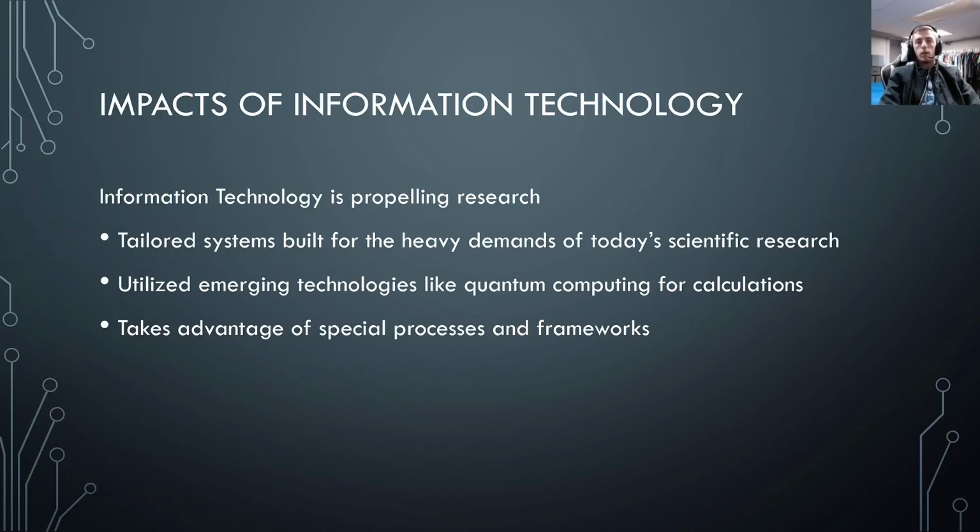The scientific community requires enormous compute power to perform their research. We are starting to utilize emerging technologies like quantum computing to perform calculations. Quantum computing looks very promising as the technology progresses. We are taking advantage of it today to conduct research.